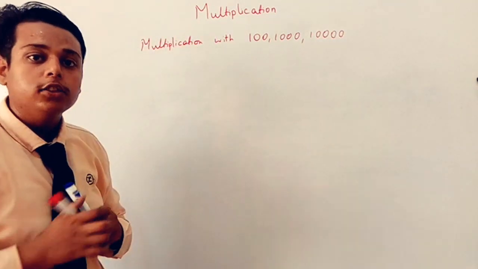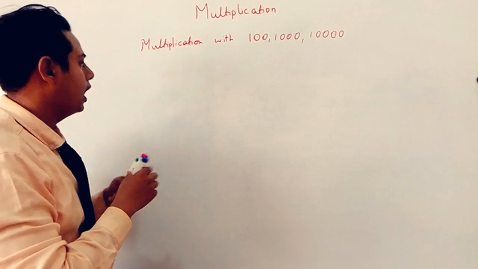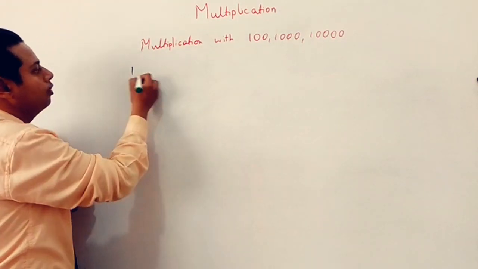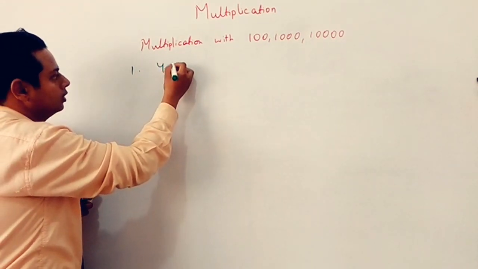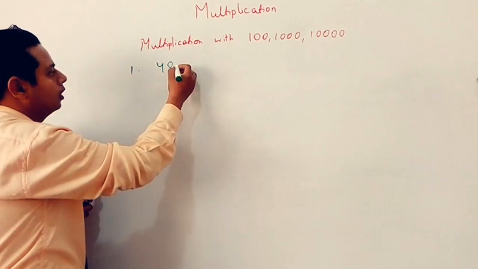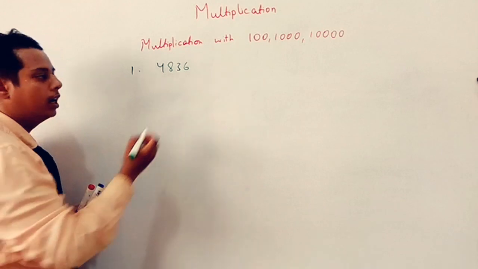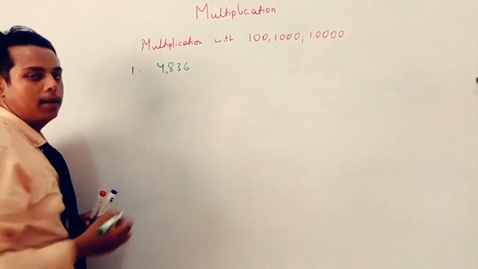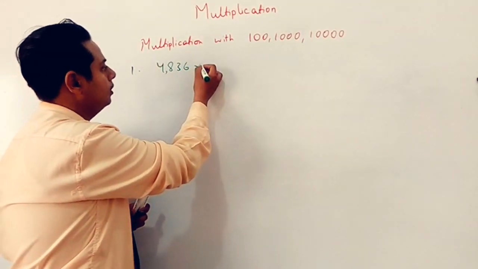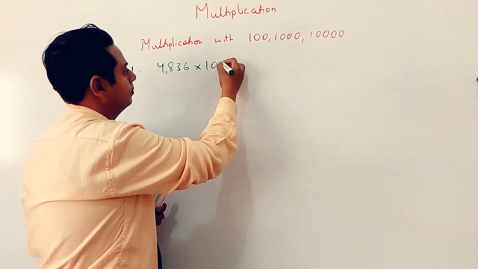Okay, fine. So the first question we have over here is 48,36. Where will I place the comma? After the units family, then multiply by 1000.